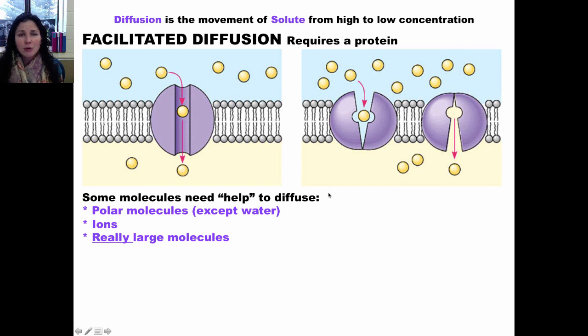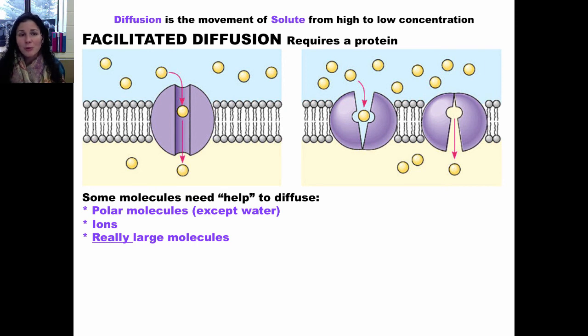Both of these types of proteins are membrane proteins that allow solute molecules a passage through the membrane. And in this case, when they're moving molecules from high concentration to low concentration, it is called facilitated diffusion. Once again, the things that need this are polar molecules, ions, and really large molecules.